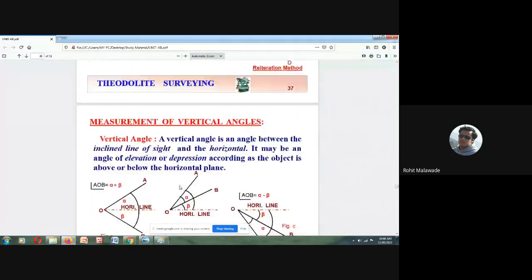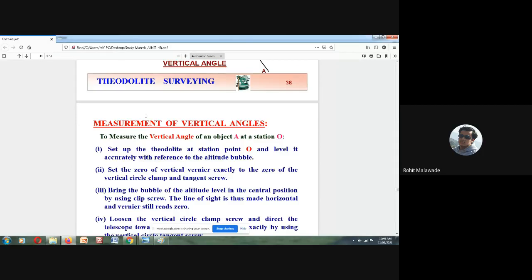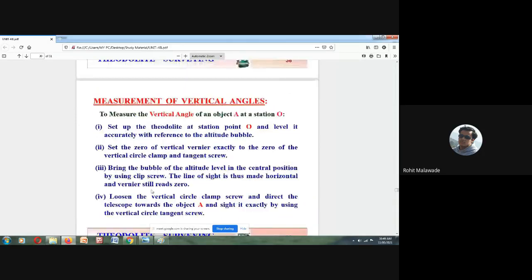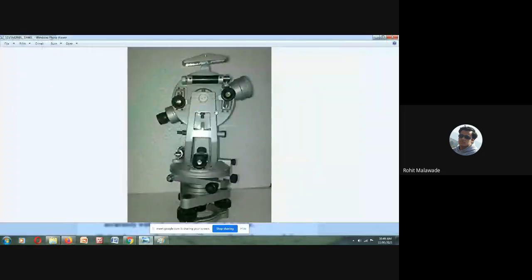Next, we need to measure the vertical angle between the points A and B. Set the instrument at O and level it using the altitude bubble, with the vertical circle bubble exactly at the center.